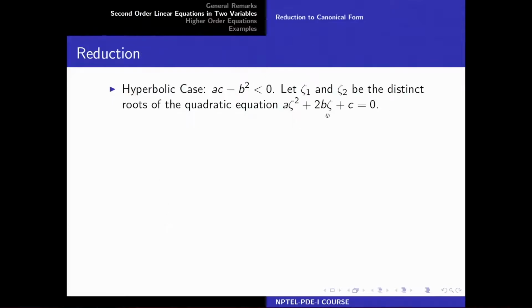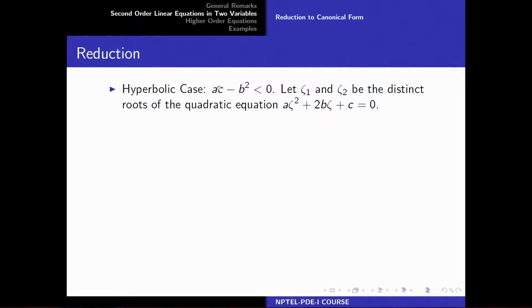So, this zeta we can replace by phi x by phi y or psi x by psi y as the case may be. And since xi 1 and xi 2 are real and distinct, we choose phi x by phi y accordingly. So, what happens if A equal to 0? Then you take the zeta square here. So, that is always possible.